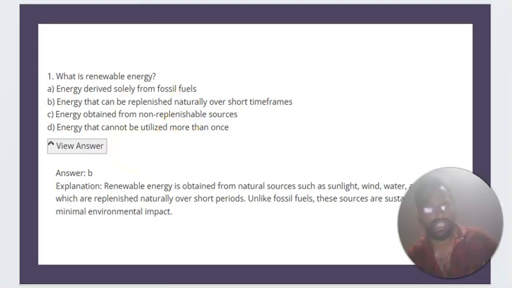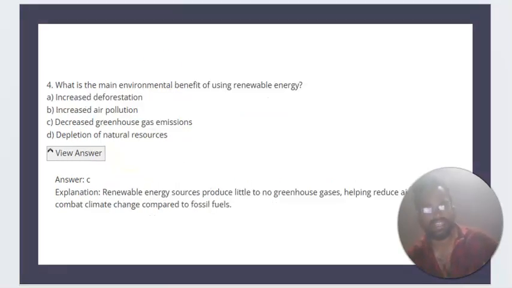Now coming to the next slide. What is the main environmental benefit of using renewable energy? Four options are given.